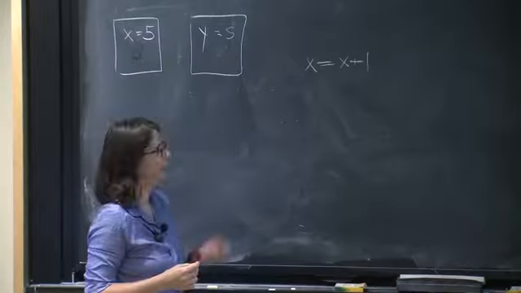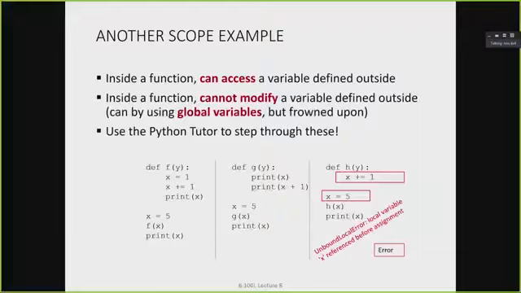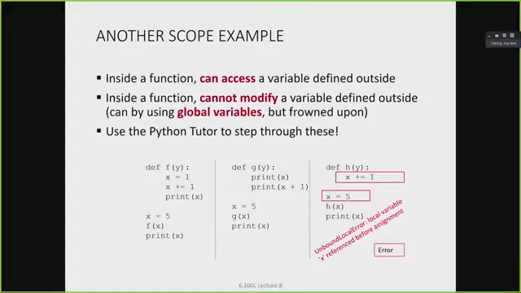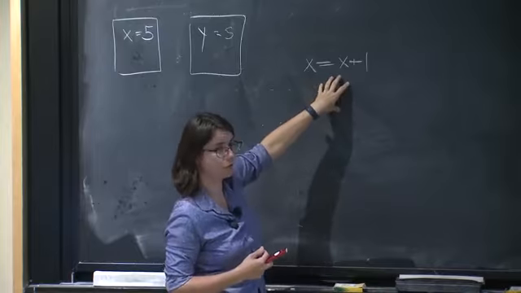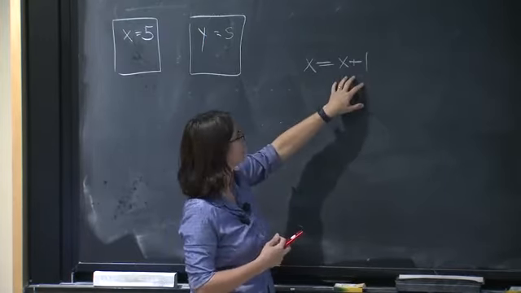This is actually an error. Python doesn't let you do that. And the error it gives you is actually what it says there: UnboundLocalError, local variable x referenced before assignment. So it doesn't actually grab the value from the outer scope like we did in the middle bit. It doesn't grab it because it thinks you're trying to create a variable named x inside h, and you're trying to add 1 to x.